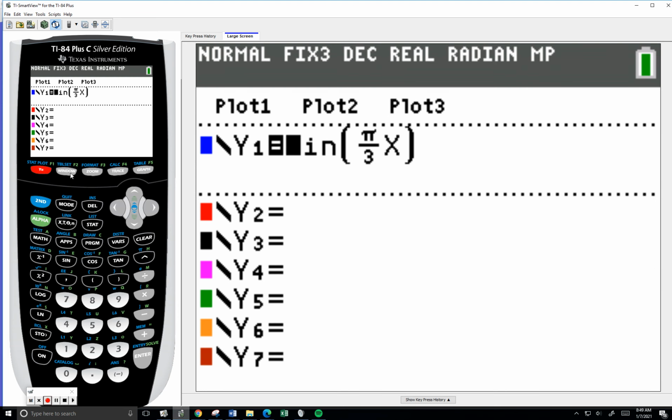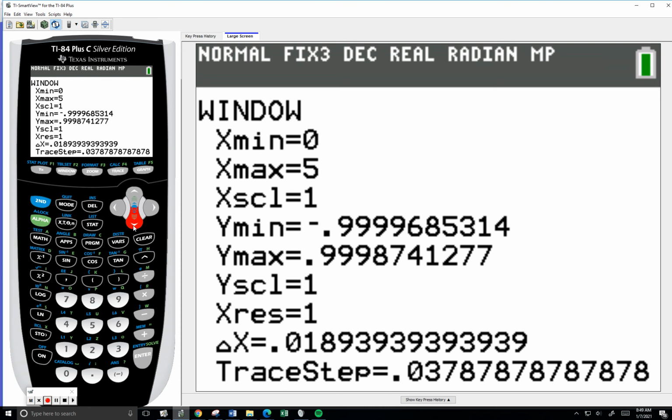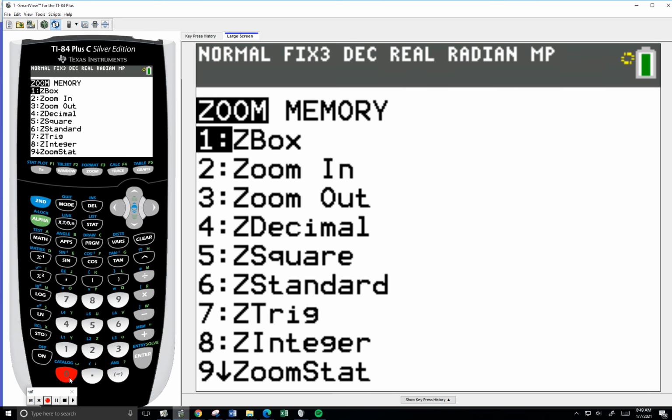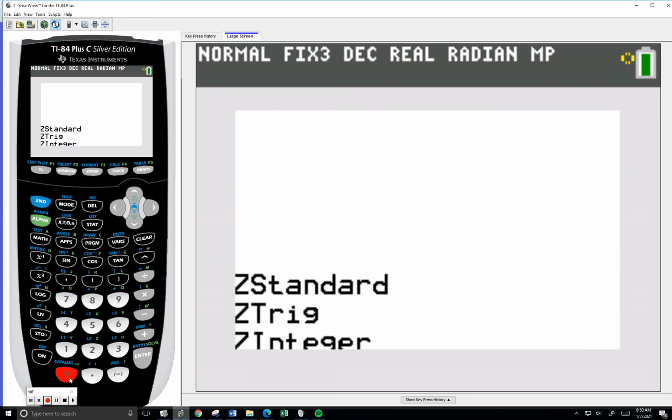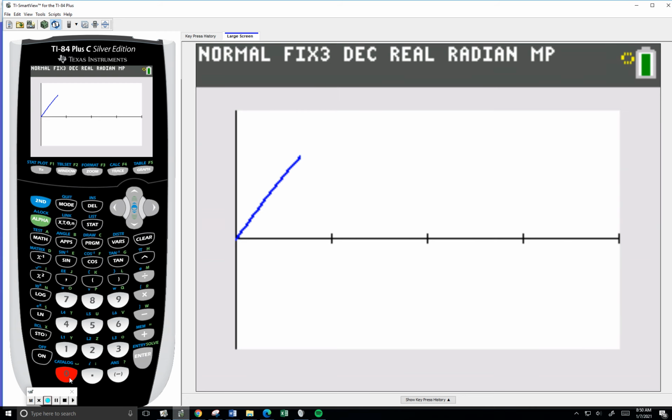If we hit a window of 0 to 4 and zoom fit, we'll see a plot of all the different velocity values for all those different times. And we'll see that the velocity is actually changing from having positive velocities to negative velocities. So when I average the velocity, I'm averaging all those positive and negative values together. And so they kind of counteract each other a little bit.